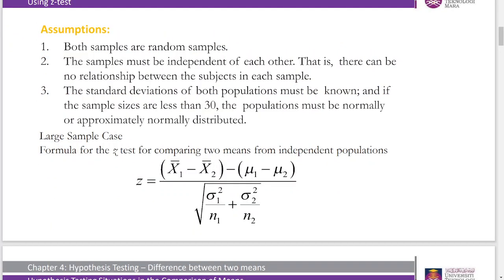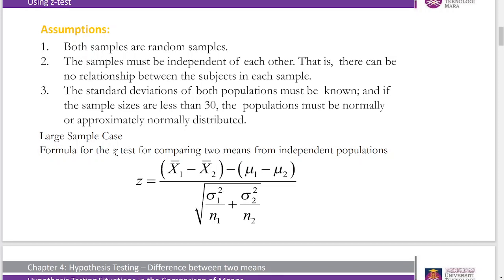The assumption is that both samples are random samples. So kita mesti tahu bahawa kedua-duanya datang daripada random sample. It's taken at random. So random sample kita dah faham kan apa maksud random sample ya. And then the samples must be independent of each other. They cannot be dependent. It cannot be related to one another.